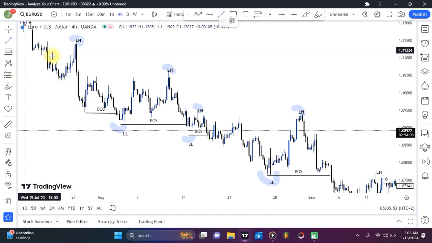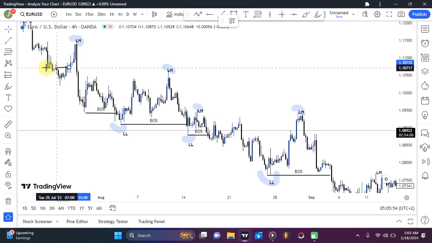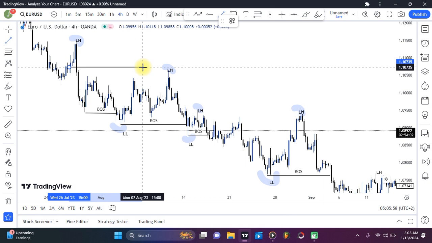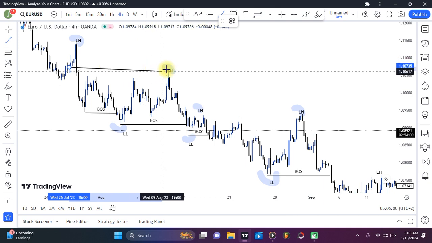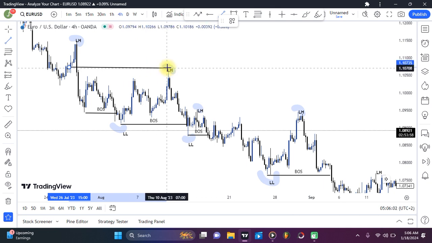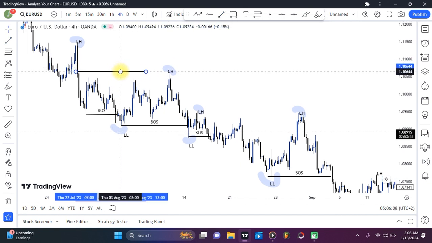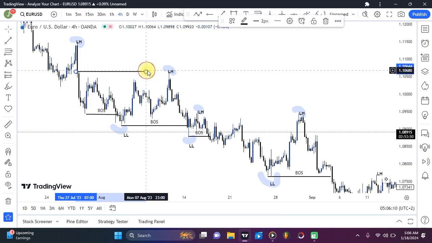In this case, that significant area was this level over here, this fair value gap. So the market traded off this fair value gap here.